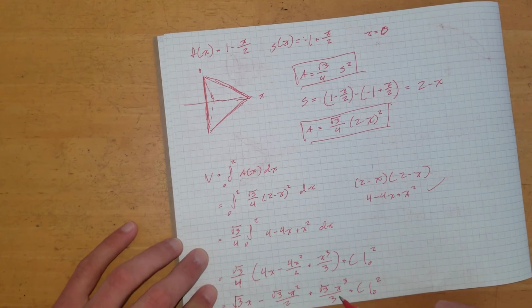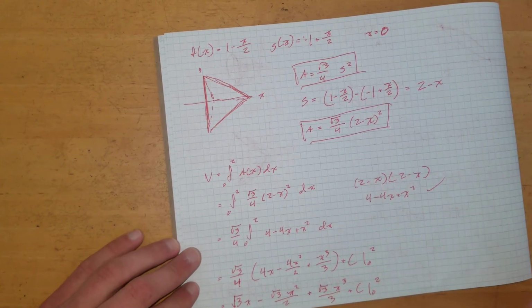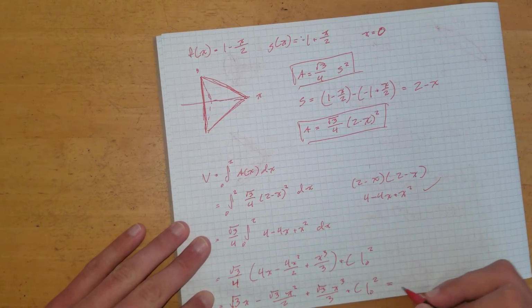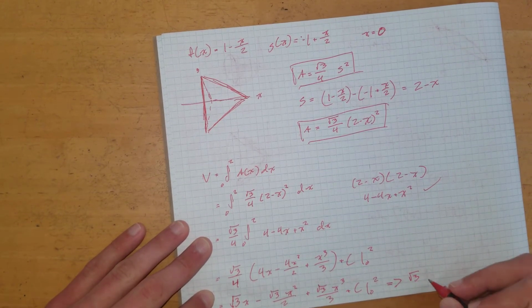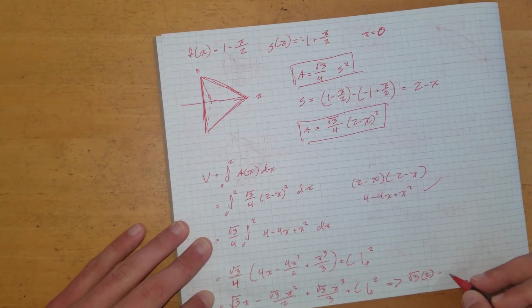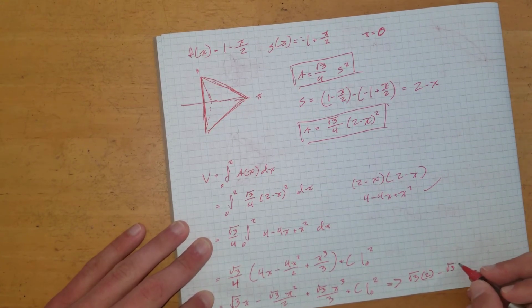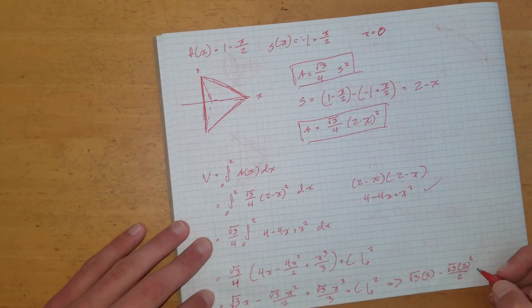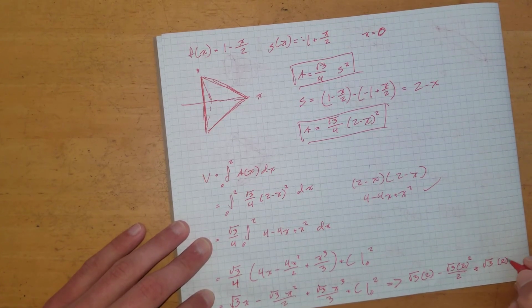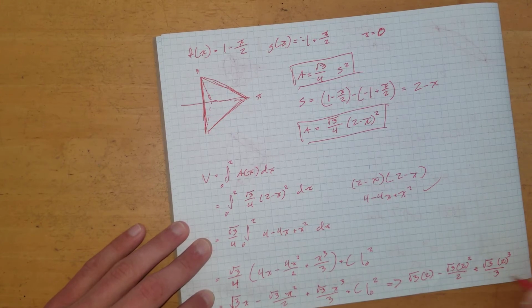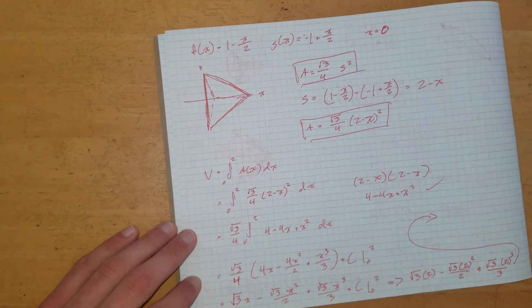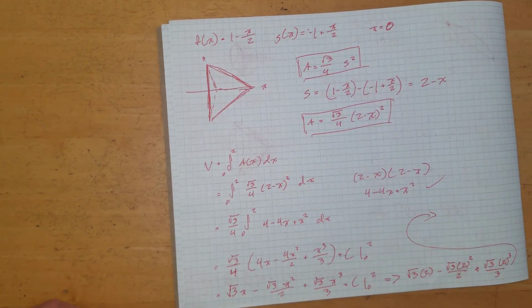So when we distribute the 0 for the x's, it's just going to be 0. So now we just have to compute what it would be for 2. So square root of 3 times 2 minus square root of 3 times 2 squared over 2 plus square root of 3 times 2 cubed over 3. I'm actually gonna do this on a calculator.